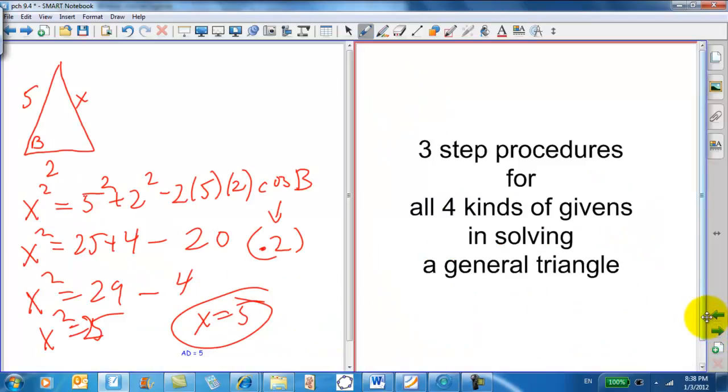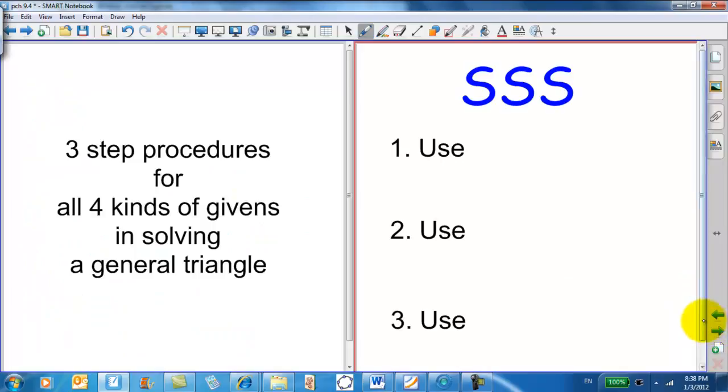Now I want to wrap up this section by looking at some procedures that I alluded to in that one problem where we had 3 sides. These are 3-step procedures for all 4 kinds of givens in solving a general triangle. So when we have side, side, side, this is the scenario where you basically have 3 sides of a triangle. And where do you start?